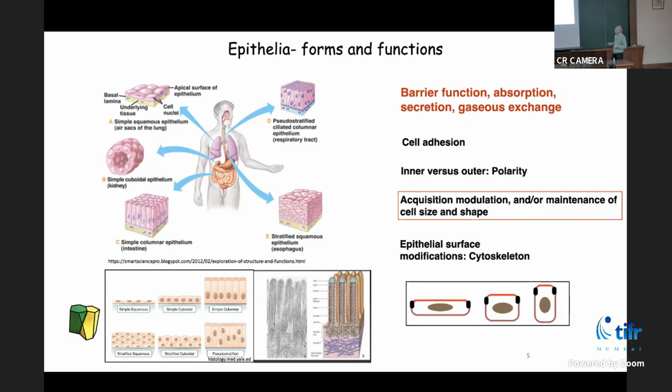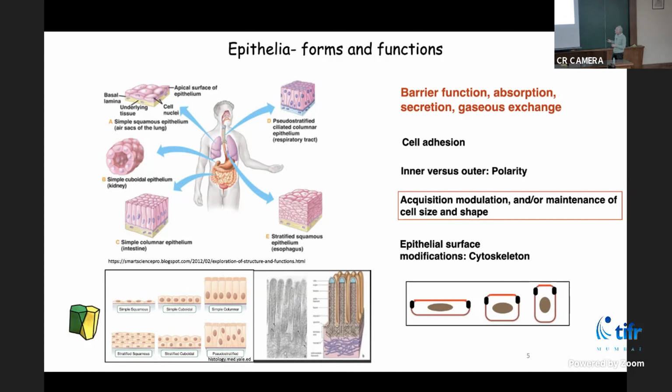And again, if you look at these variety of different epithelial systems, the cell sizes and shapes are quite distinct. Some of these are columnar, some of these are cuboidal, some of these are flat squamous cells. And these morphologies are maintained throughout your life. It's not that tomorrow your gut is going to be formed of cuboidal cells. It will remain having these columnar cells.